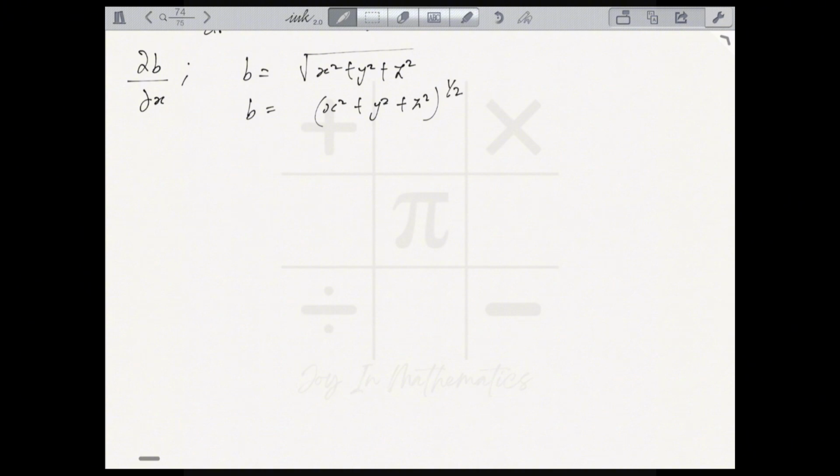Now this brings us back to function of a function. So we can say let u be equal to x squared plus y squared plus z squared. Since we are differentiating partially with respect to x, we can say du/dx is 2x.